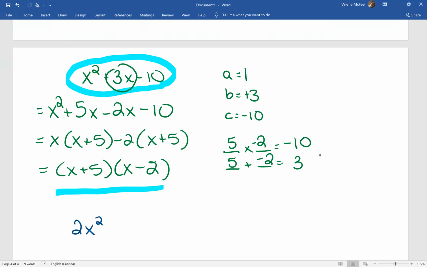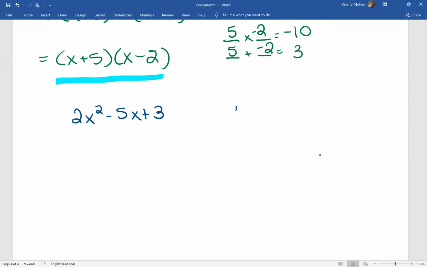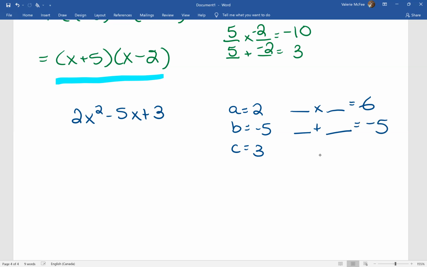Two x squared minus 5x plus 3. We have to find a, b, and c. Two numbers that multiply to a times c, add to equal b.